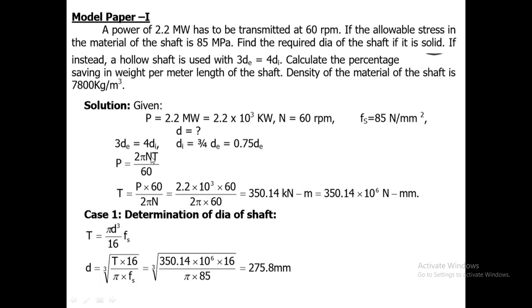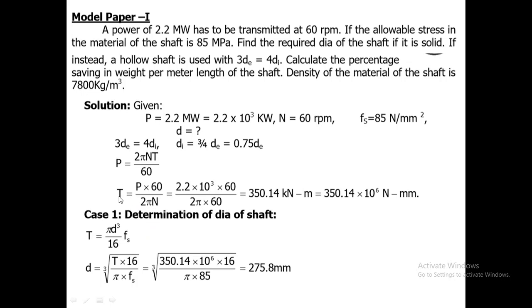The power is given in terms of megawatt. If you put the values of N, 60 RPM, you will get the torque in Newton meter or kilonewton meter. Convert that into millimeters to keep uniform units.